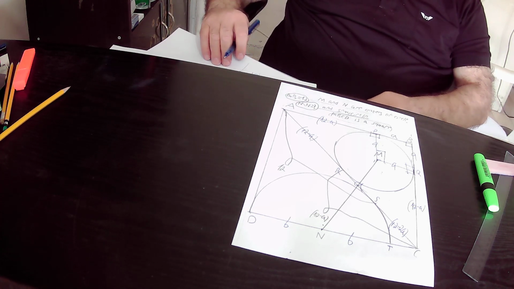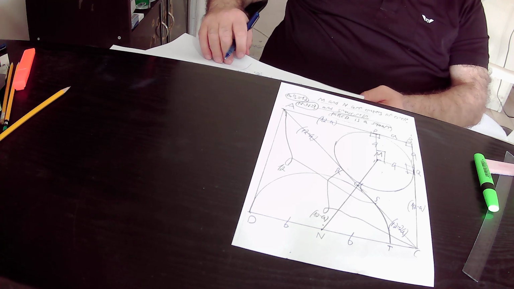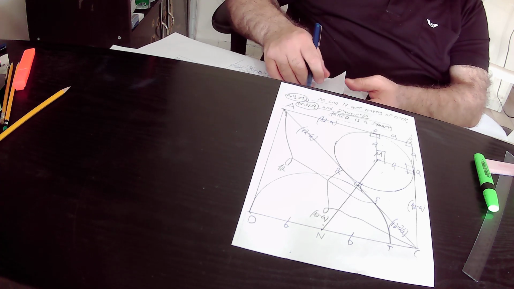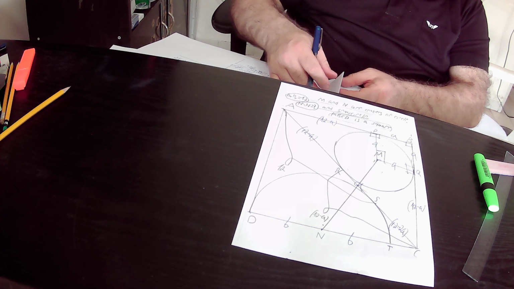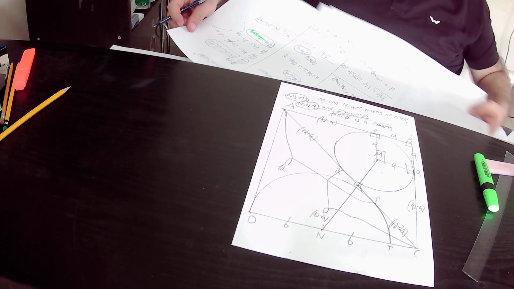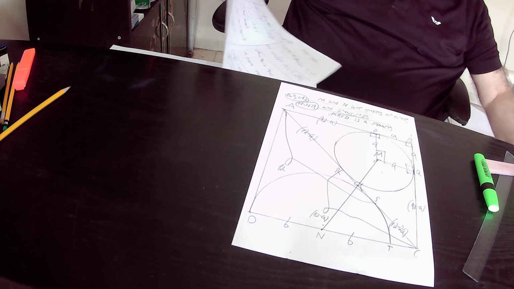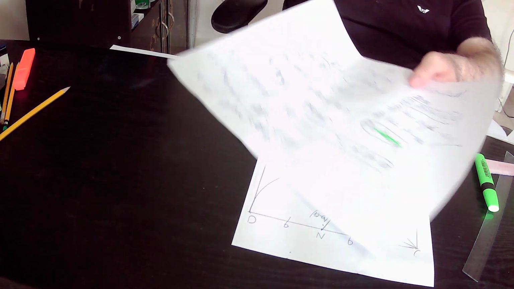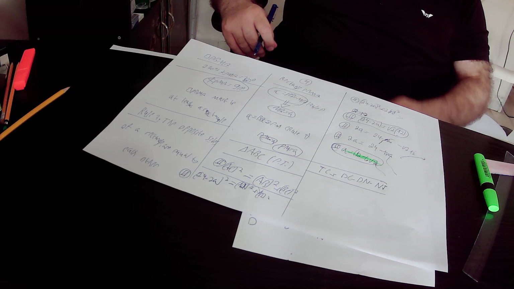I will repeat again: TC equals DC minus DN minus NT.